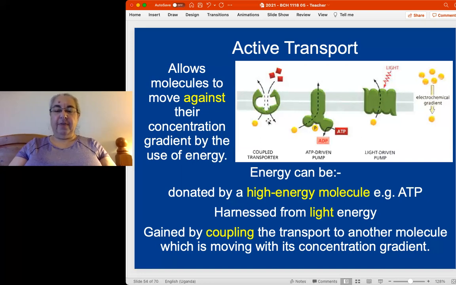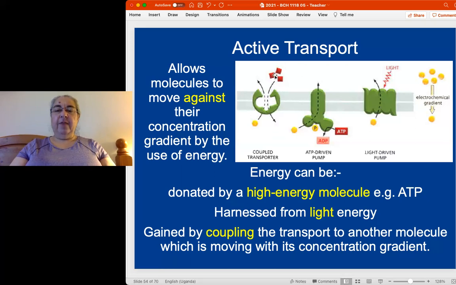The third method we see here is coupled transport. So here we've actually got two types of molecule moving across the membrane. The yellow molecule is moving against its concentration gradient, but the red molecule is moving with its concentration gradient. Okay, so it's a high concentration here, low concentration here.